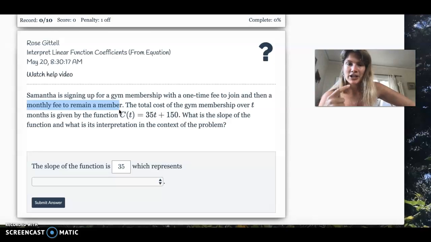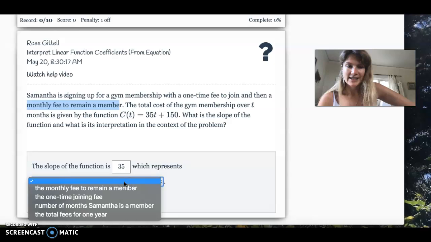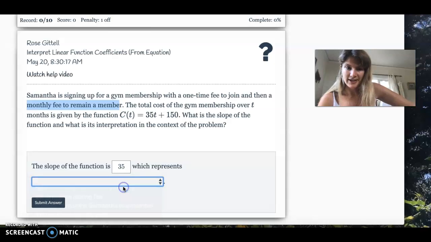So with each additional month, she's paying $35 more. So there's a change over time. That's a cost that she has to pay again and again. Every single month she has to pay $35 to maintain her membership. So in this case, it represents the monthly fee.